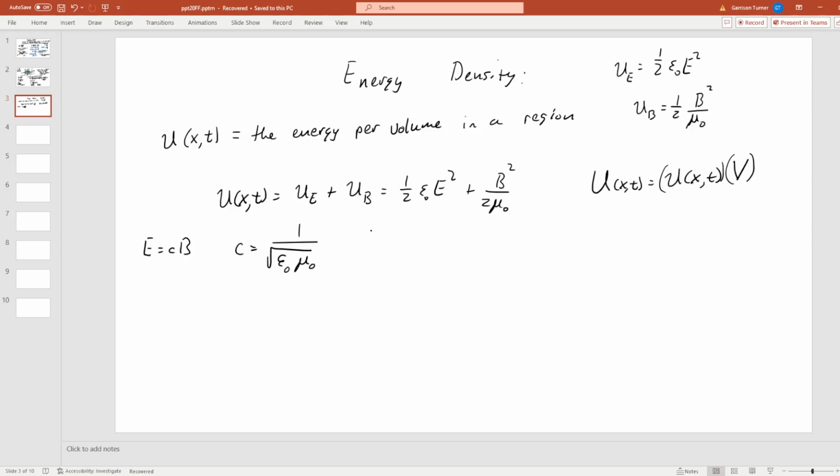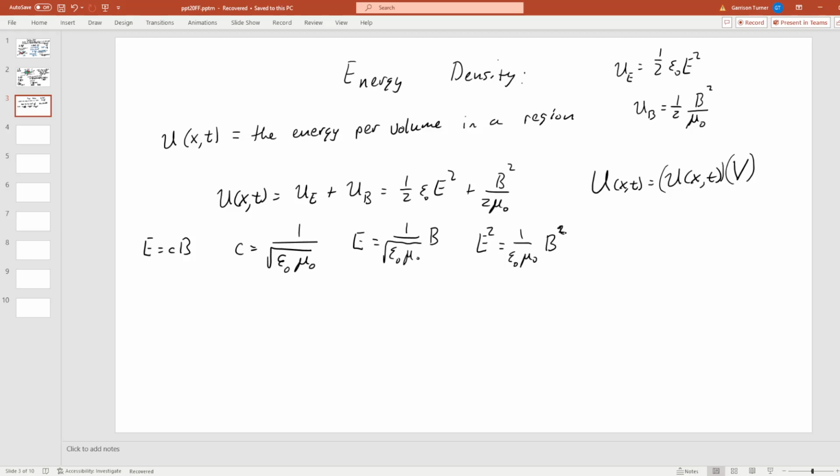And therefore, E is equal to 1 over the square root of epsilon naught mu naught times B, and therefore, E squared is equal to 1 over epsilon naught mu naught times B squared.